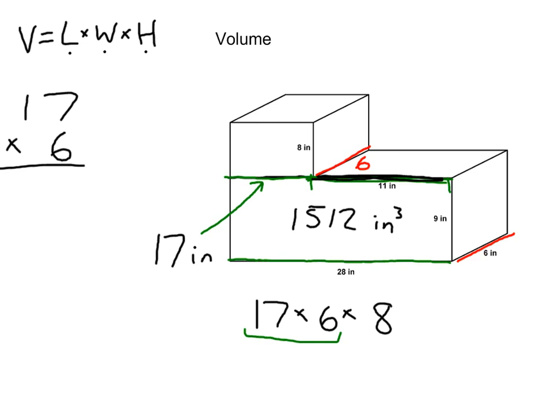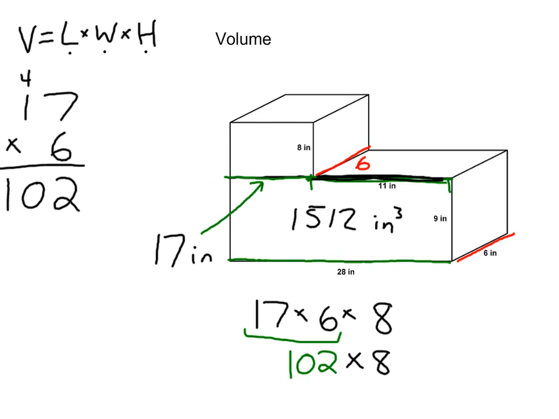6 times 7 is 42. 6 times 1 is 6. Plus 4 is 10. So that gives us this first factor. 17 times 6 is 102.